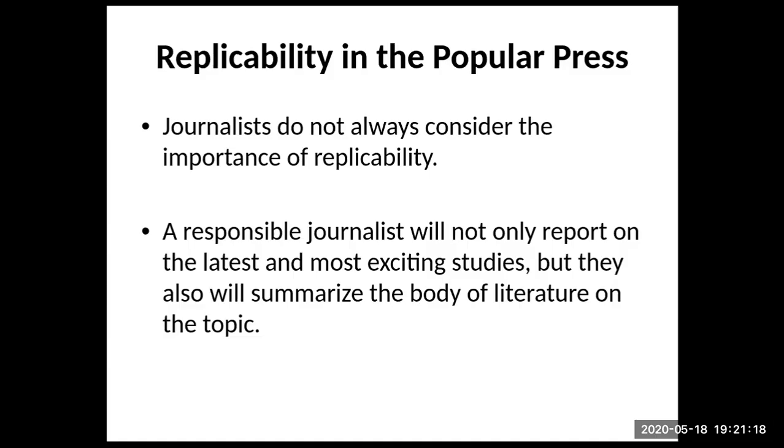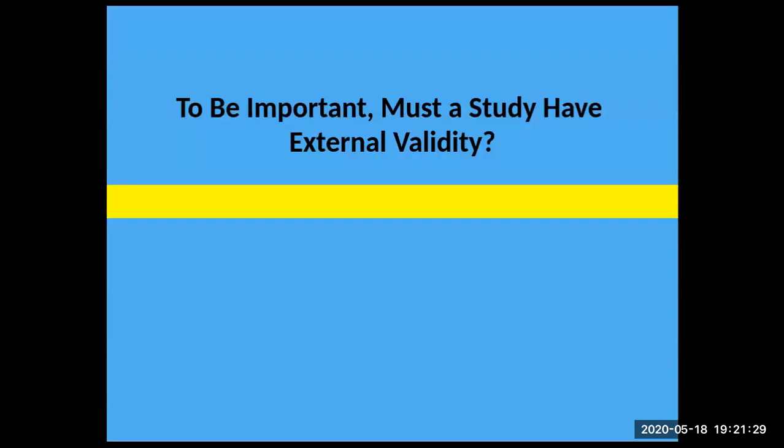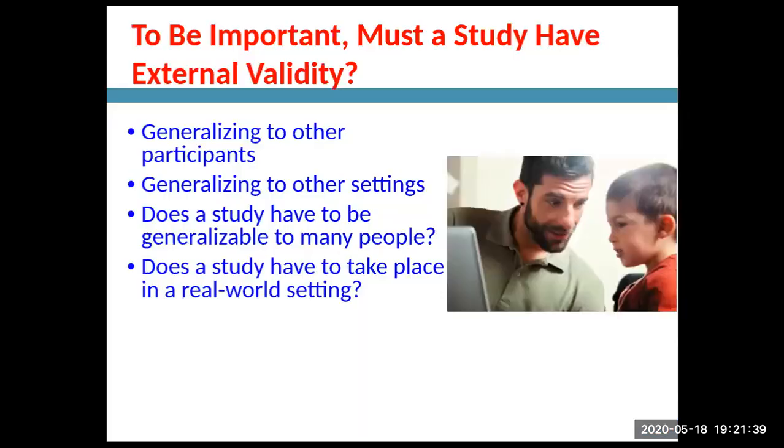And so just remember, as good consumers and producers of research, as we're coming full circle to the last chapter, you should be able to recognize that better than most. So, the last part of the chapter asks, to be important, does a study have to have external validity? Well, if you remember in our first type of claims, we talked about external validity being the top priority if we're trying to generalize a poll or a survey.